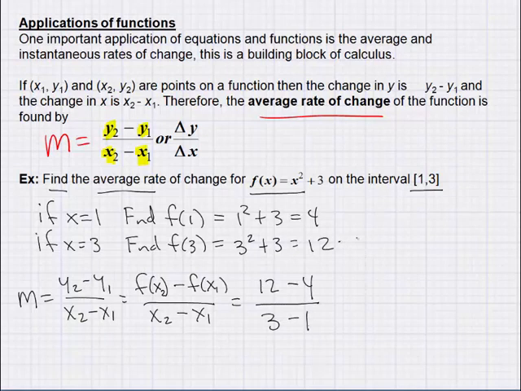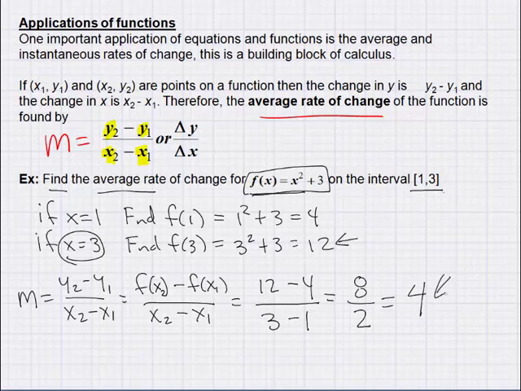This would be my f of x2, and this would be my x2, and so on. So I have 12 minus 4 is 8, 3 minus 1 is 2, 8 over 2 is 4. So the average rate of change, or the slope of this function over this interval, would be 4.